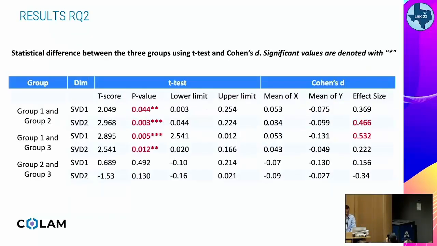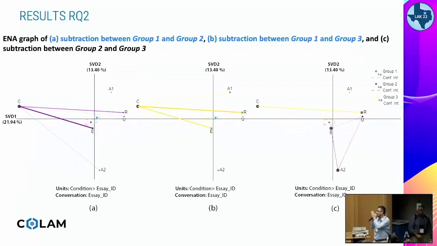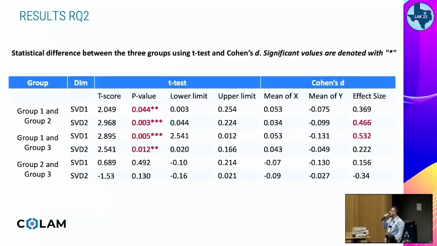The next 2 slides more clearly describe the difference between these performance groups, because sometimes it's not very clear when we're looking at these graphs separately. So first, we performed a t-test to examine whether there is a statistically significant difference between groups, and we found that there is a statistically significant difference in the rhetorical profile between group 1 and group 2, and also between group 1 and group 3.